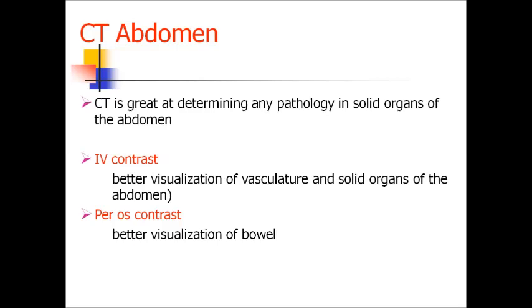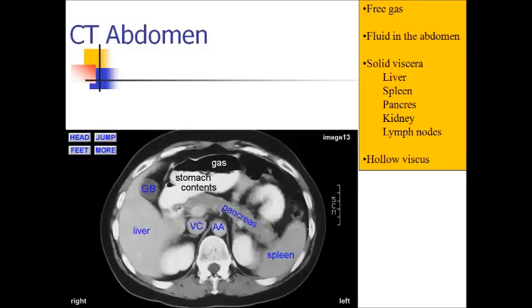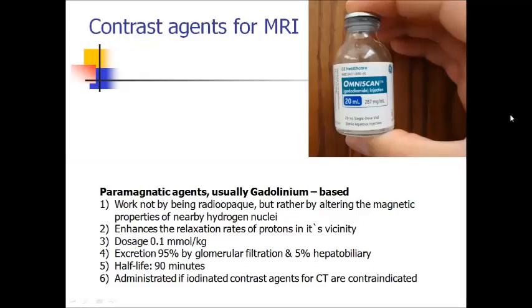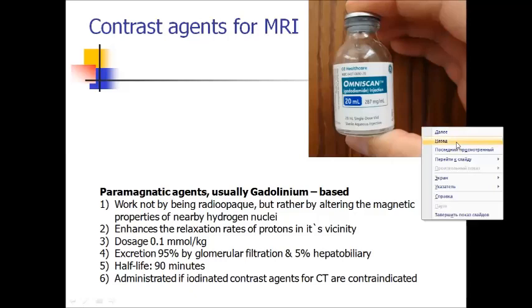Intravenous contrast in abdominal CT studies allows better visualization of blood vessels and solid organs of the abdomen, and per os contrast enhancement, which may also be performed during CT scanning, allows better visualization of bowel loops.